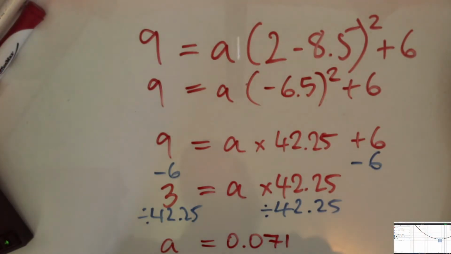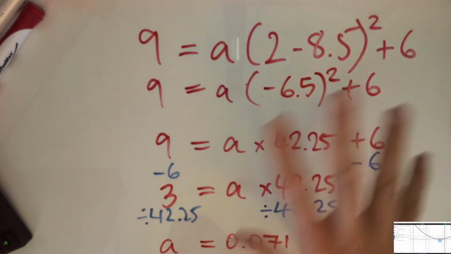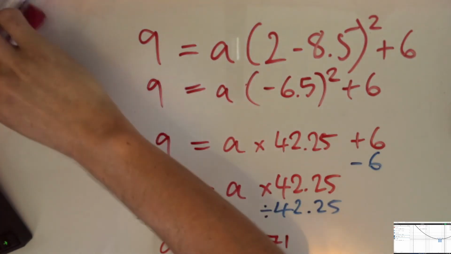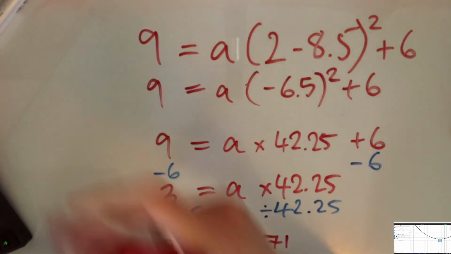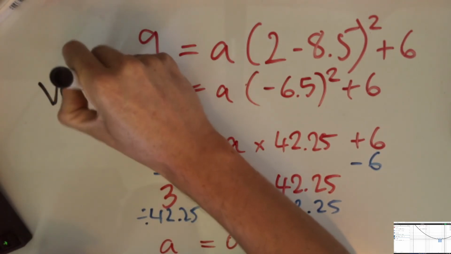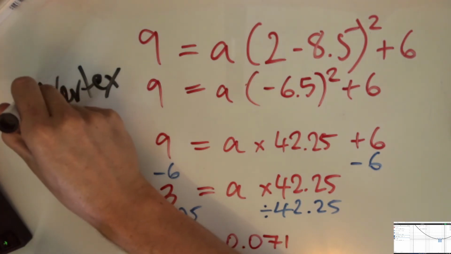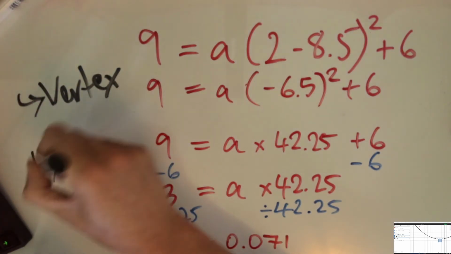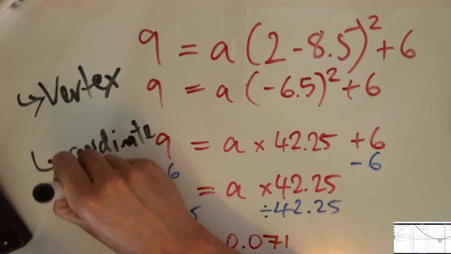So that's all you really need to do to show this merit skill. In your exam or in your internal, you're going to have to do this writing on paper, right? And you want to explain what you've done, explain how you found the vertex. So you're going to have to find the vertex first, and that's probably going to be the center of the tube. And then you're going to have to find a coordinate that you want to substitute.